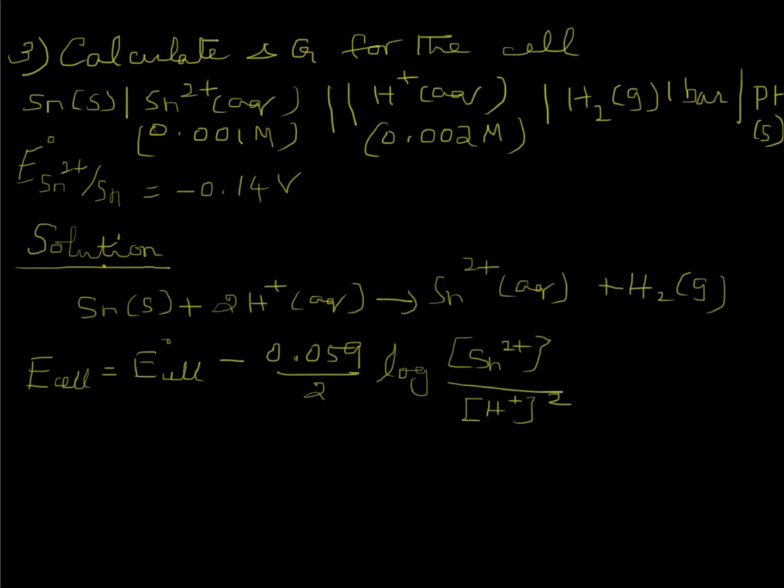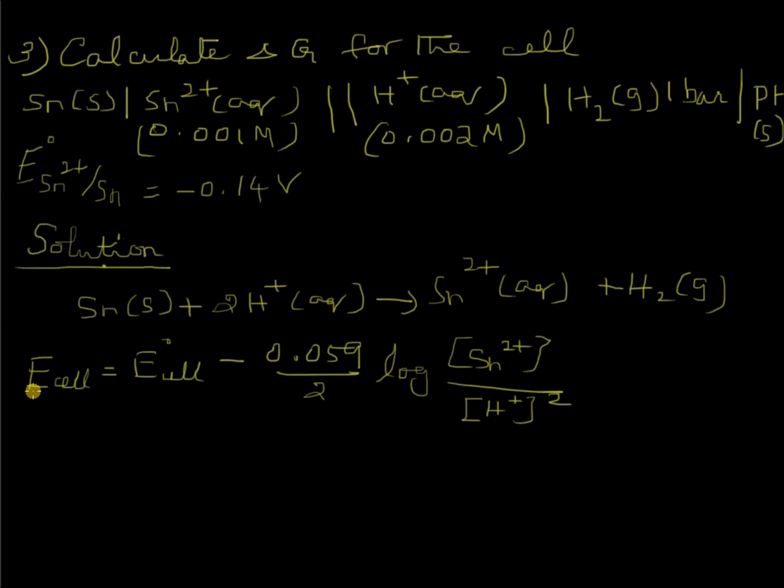The equation is Sn solid plus 2H+ aqueous giving Sn2+ aqueous and H2 gas. The equation helps you in two ways. One is for the calculation of n value, another one for substituting the concentration correctly in the Nernst equation. See, the equation has 2H+. Then you will remember that you will have to square the concentration of H+ in the Nernst equation.